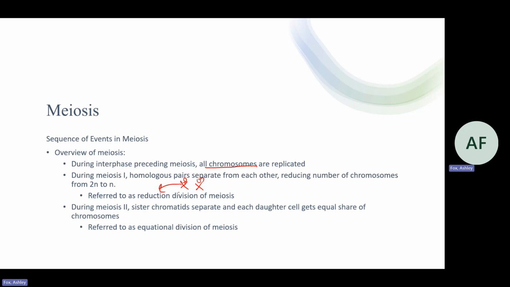Then those are going to separate. We say it's halving the number of chromosomes because we consider this one chromosome, even though it's 2 chromatids together. So we consider it halving the amount of genetic material in meiosis 1. Then during meiosis 2, we take those pairs and separate each individual chromatid from each other, and they'll each go into the final cell so that we have cells that are ready to be fertilized, whether it's an egg or a sperm.